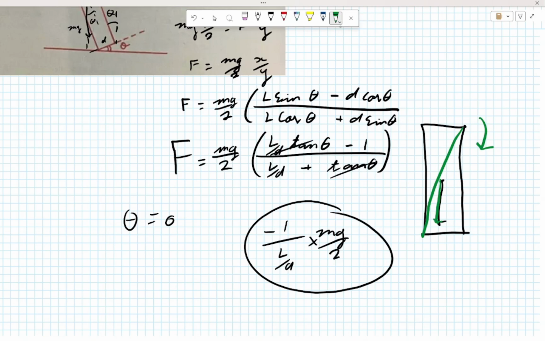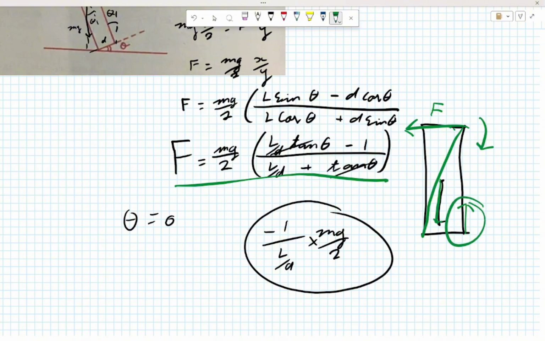The only reason why in reality we would not need an F force pulling it this way is because there's a reaction force here. This reaction force balances the system and maintains an equilibrium. However, in this equation, we assume that the F force, the pulling force, the tension, and the mg, the weight, are the only forces acting on it.